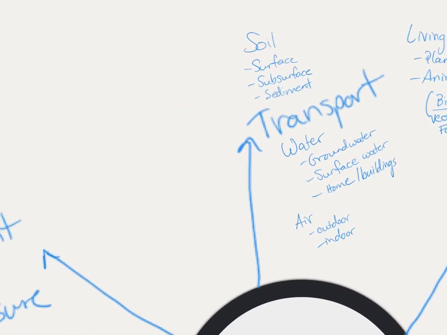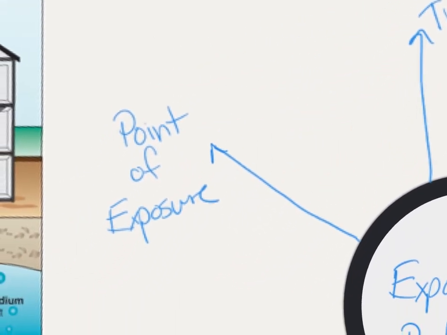Okay, let's move on. Next, we have the point of exposure. It's fairly self-explanatory. It's simply where the humans contact the contaminant. This can be pretty much anywhere there are humans.